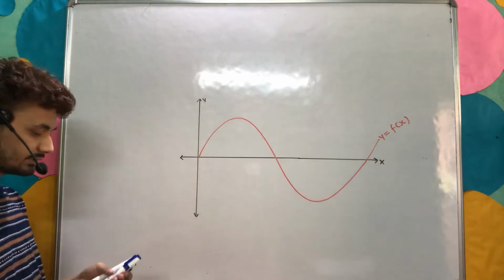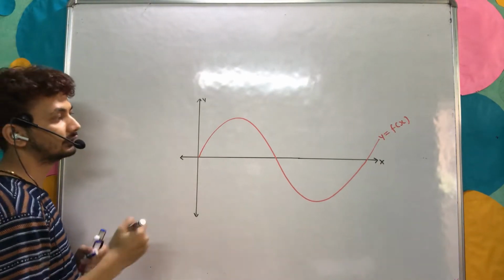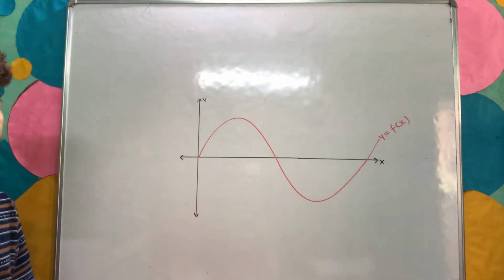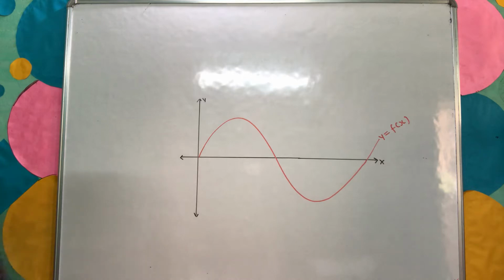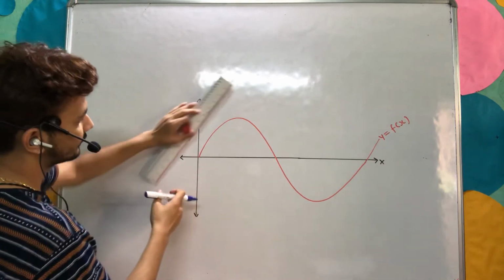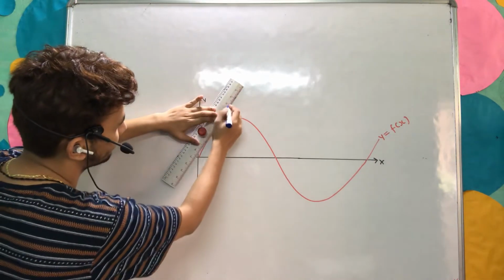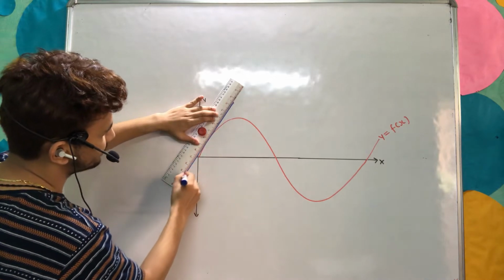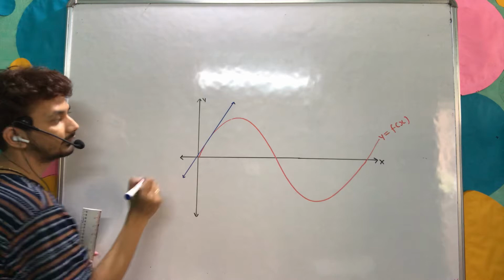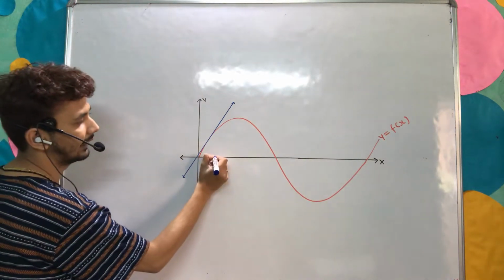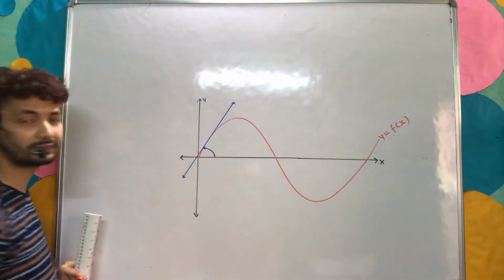If I see here, I just want to define the increasing and decreasing function. For this, I will draw a tangent on my given graph. Now I will see that this tangent is making an angle with respect to the x-axis.